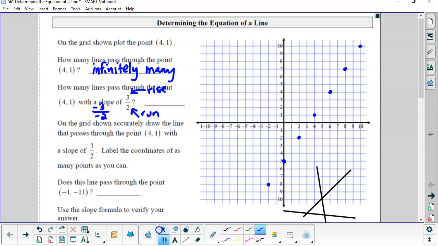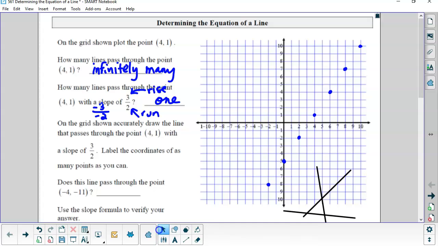If you only use 2 points, the likelihood, even with a straight edge, is that you're going to be a little bit off by the time you extend that line out. So I've kind of skipped ahead here. How many lines? There's just one line. Accurately draw it, which we've plotted the points.